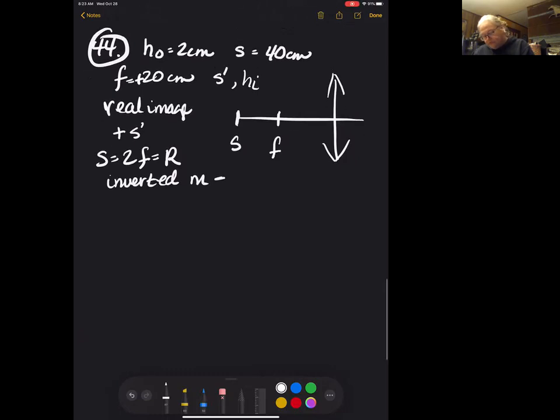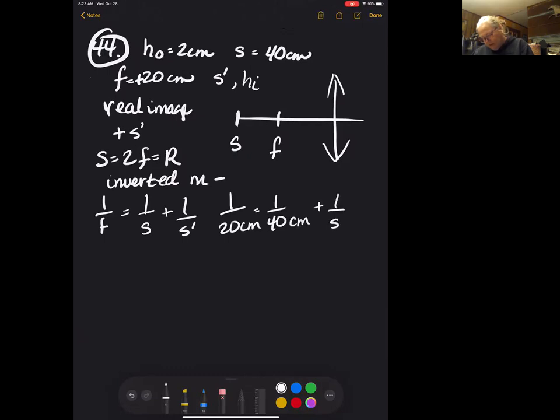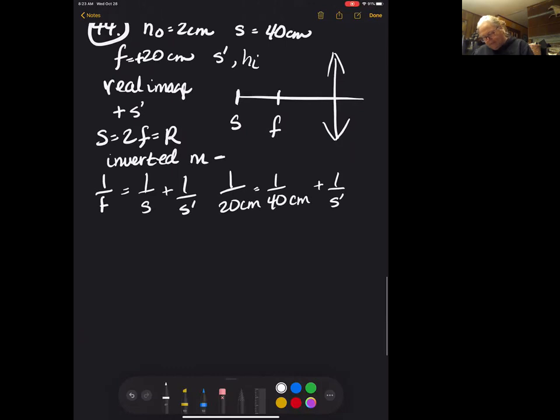So I'm going to use my formula. I've got 1 over F is equal to 1 over S plus 1 over S prime. So I've got 1 over my focal length, which is 20, is equal to 1 over 40 plus 1 over S prime. So I'm going to get a common denominator again.